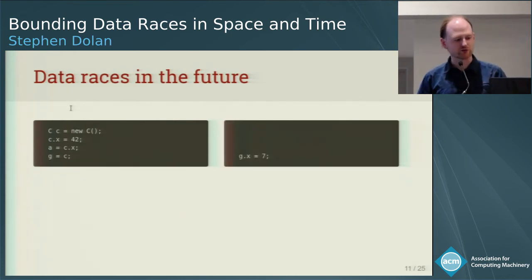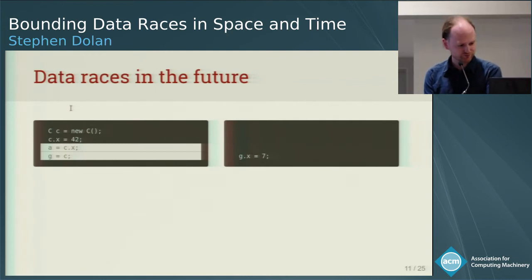But suppose what happens afterwards is that the object gets exposed via a global variable, and another thread reads the global variable and assigns the X field of its contents. Well, on the left, we have a load of C.X and a store to G, and those are independent. The thing that we're loading is not the thing that we're storing. ARM hardware, at least, will happily reorder those and can sometimes execute them as though you had written that instead.